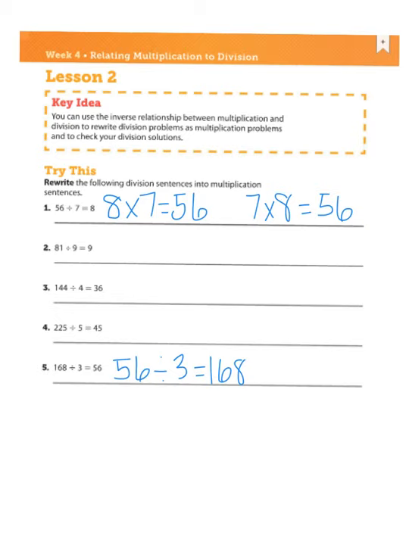I'm just going to erase it. We are taking the division problem and turning it into multiplication. So this should be 56 times 3 equals 168, or 3 times 56 equals 168.